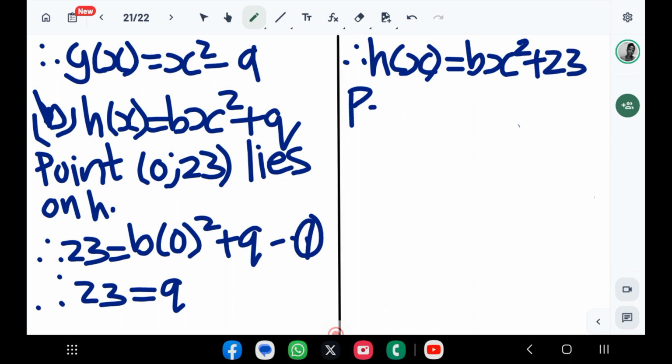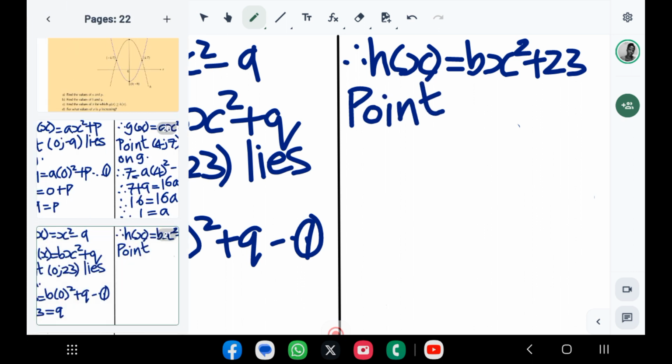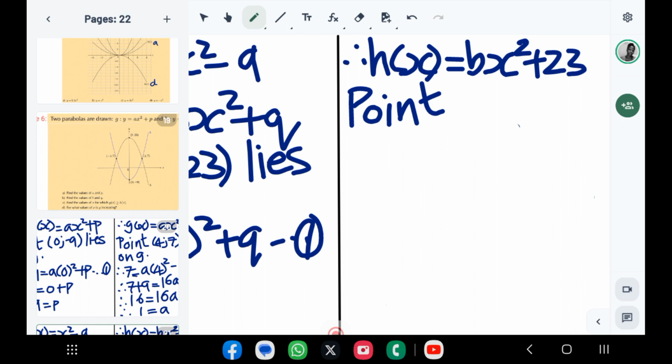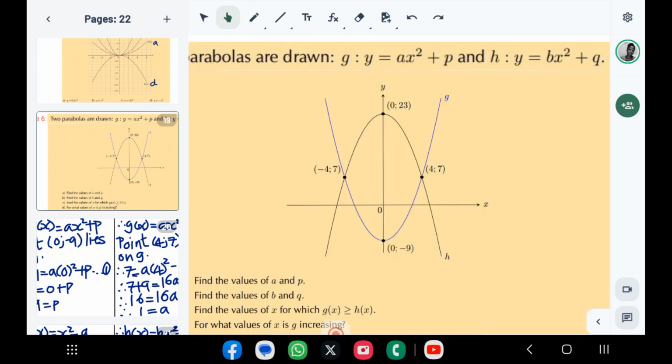Alright, the other point. You can use (4, 7), but you can also use the other one. Let's use the other one.